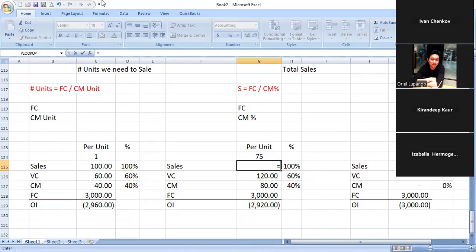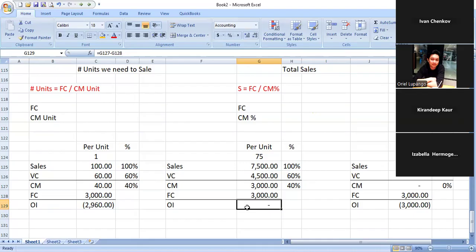So that means 75 times 100 is going to give you 7,500, and then 75 times 60 is going to give us 4,500, so we're at break even.